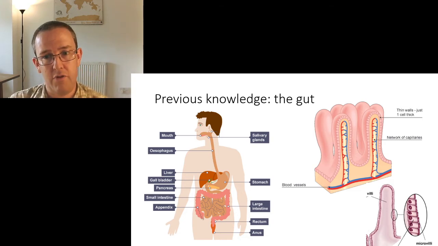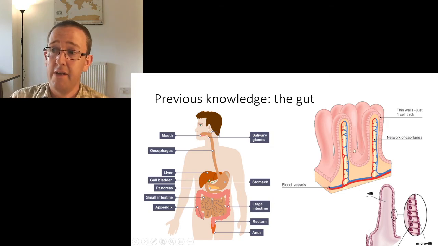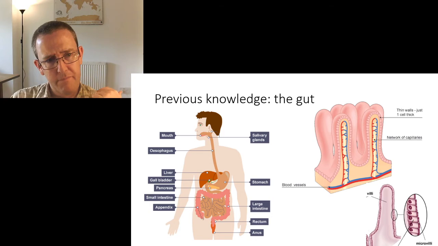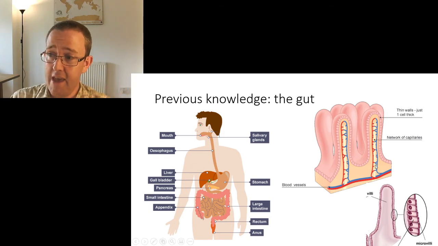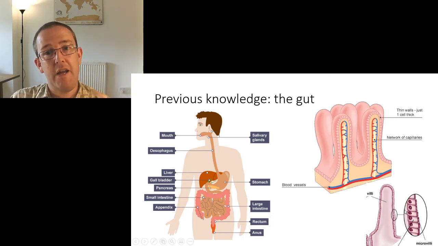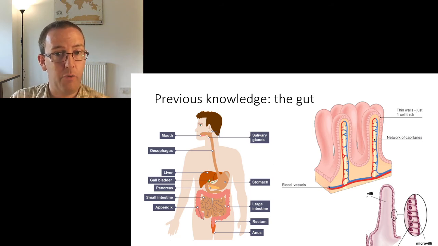You should also have a knowledge of what's over here on the right, the idea that on the small intestine, again, it's about surface area. You've got these things called villi that are folded up there. You've got these things on the villi called microvilli on the end of each cell that increase the surface area even more. So a knowledge of that will be really helpful as a starting point. Again, if you don't remember, go revise it.